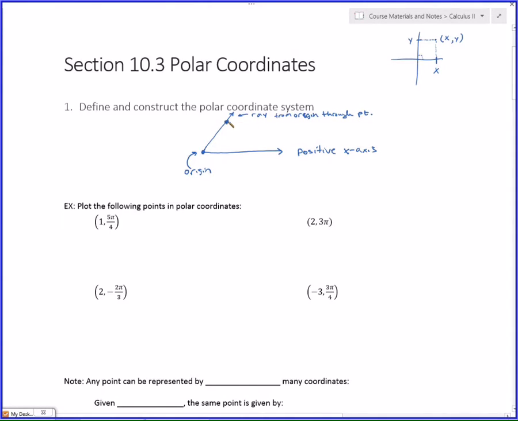And we're trying to find a way of assigning the location to that. Now, instead of dropping it straight down or dropping it straight over to a y-axis, there's not even a y-axis in the way that I've drawn this, I'm going to measure the amount of counterclockwise rotation it takes to move from the positive x-axis to that ray.